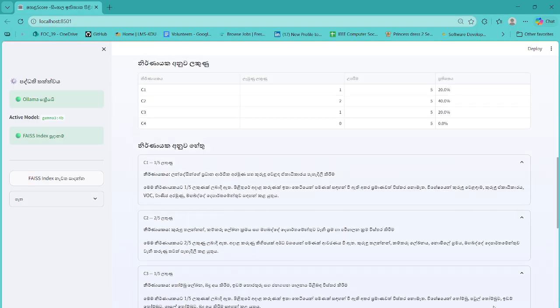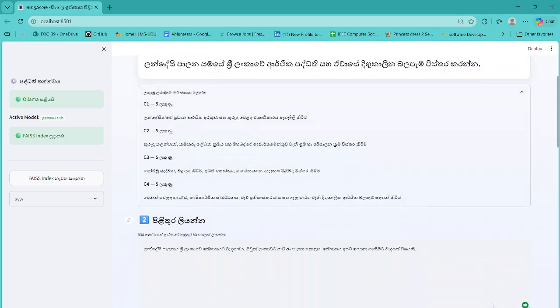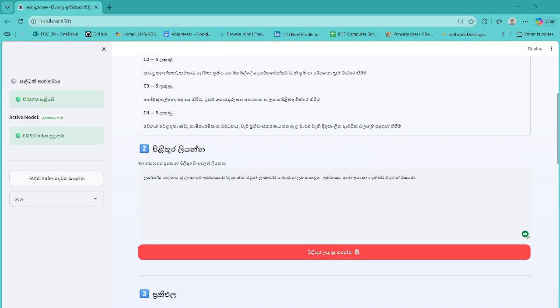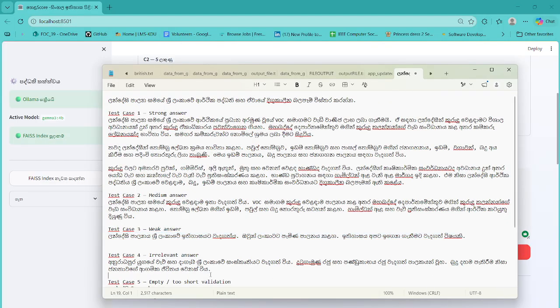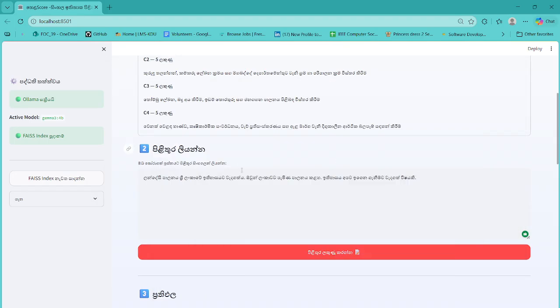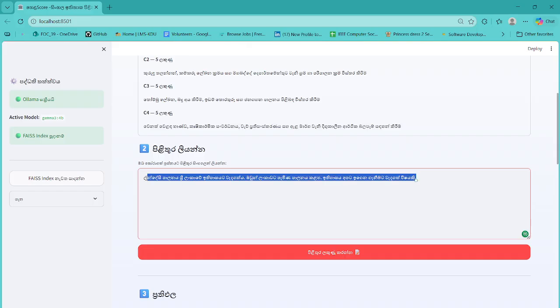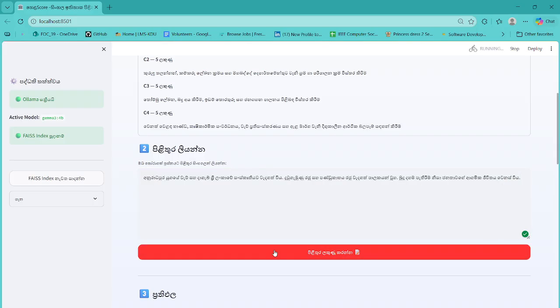Let's try another test case. Let's try something new. This is something out of my system, out of the knowledge files and everything.